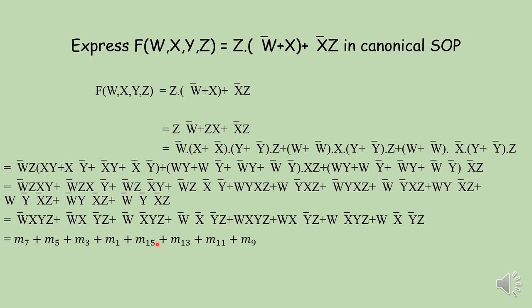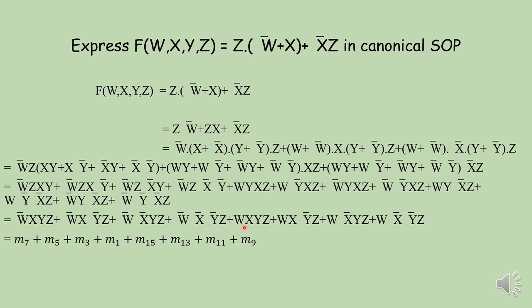So all these terms are min terms. In this expression all variables are present in each term. Here 4 variables are present, here also 4 variables are present, and in this term also 4 variables are present.